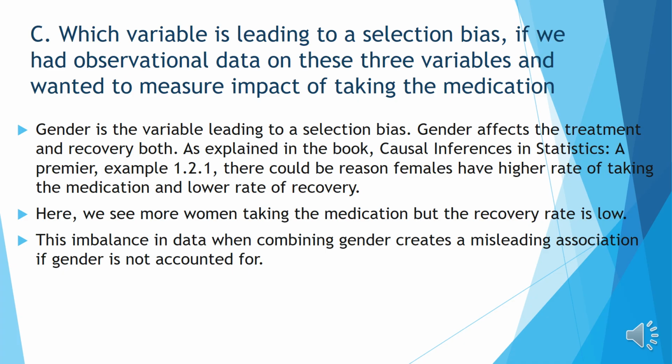As we can see from the data, a high number of women took medication, but at the same time their recovery is quite low as compared to the men. So this clearly explains the imbalance, which can create a misleading association if gender is not accounted for.